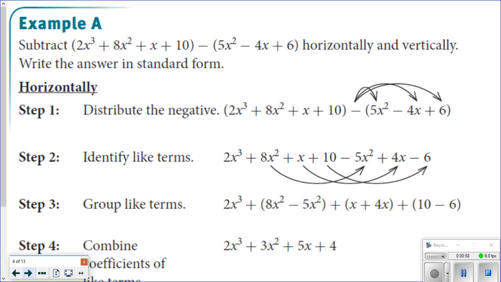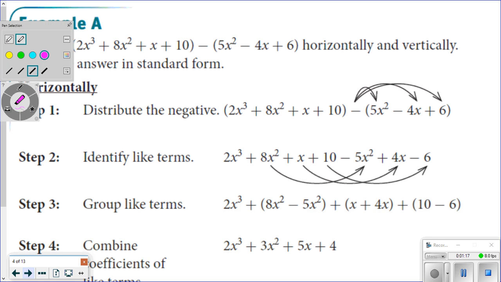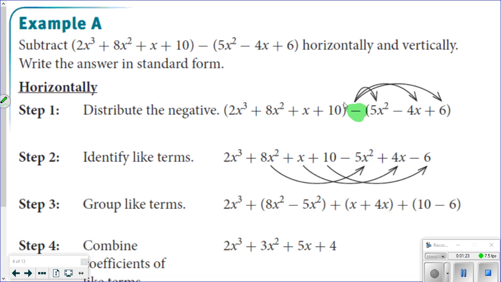So example A is showing us how to subtract horizontally. And then it says write your answer in standard form. So notice step 1 says distribute the negative. Well, what negative are they talking about? They're talking about this subtraction sign between the polynomials.